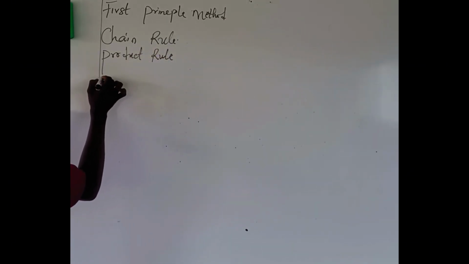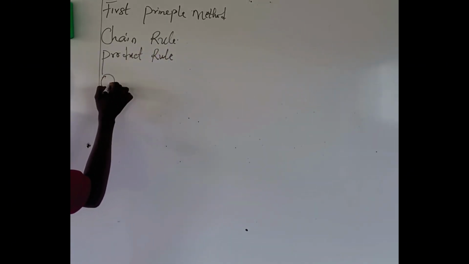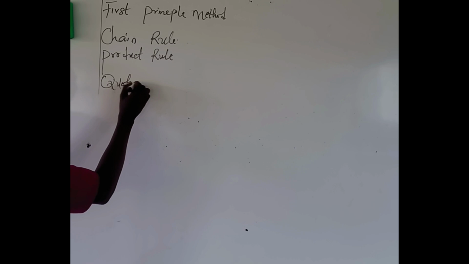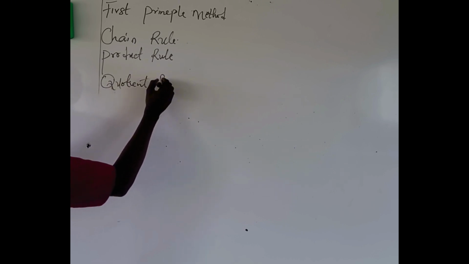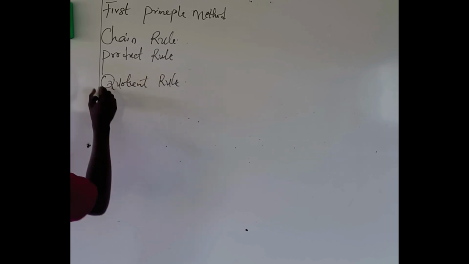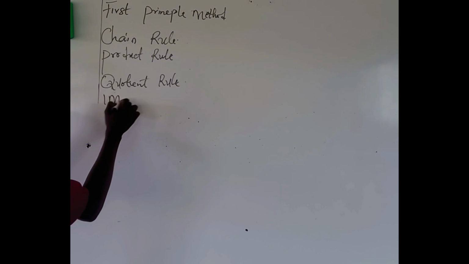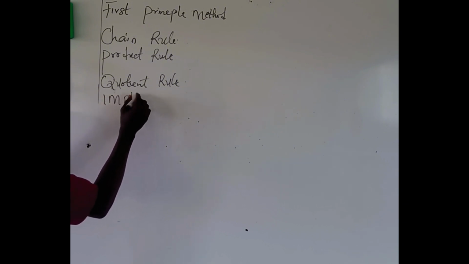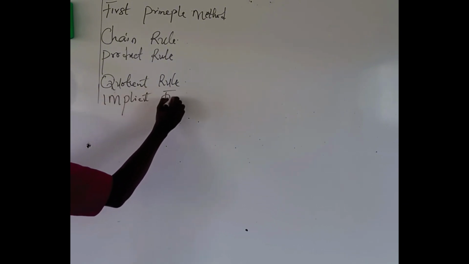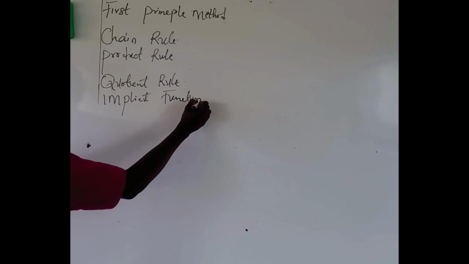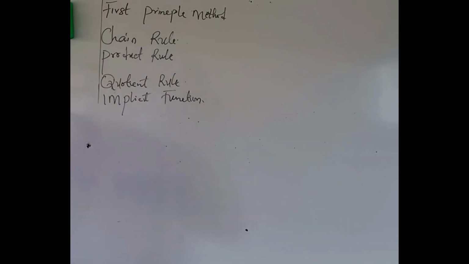The fifth method is quotient rule. And the sixth method is implicit function. So these are the methods of solving differentiation based on the function given.